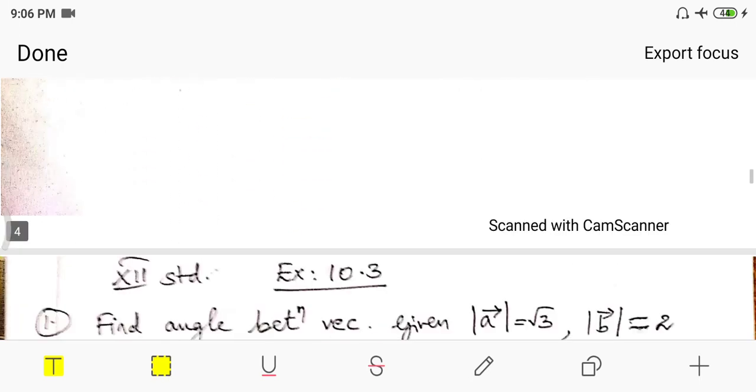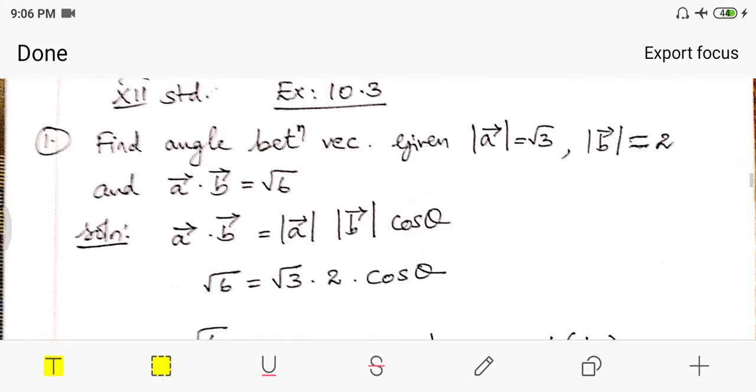Okay. Now exercise 10.3 starts here. So for concepts of 10.3, now exercise 10.3, find the angle between a vector, given magnitude of a vector is root 3, magnitude of b vector is 2, a dot b is equal to root 6, you have to find the cos theta, I mean angle between the vectors.